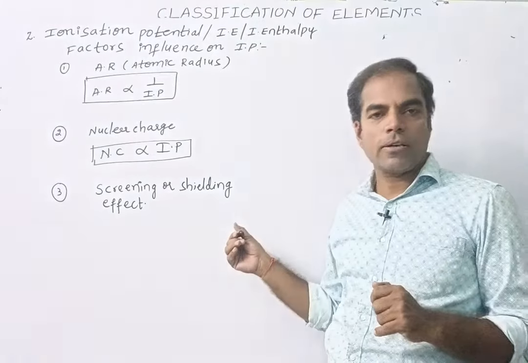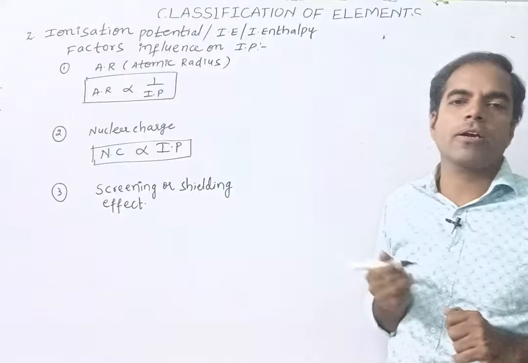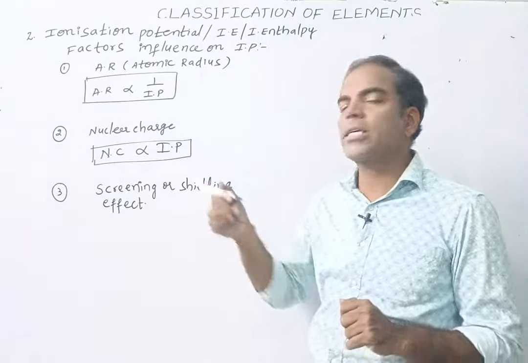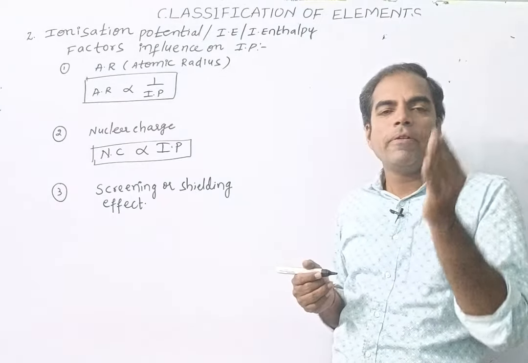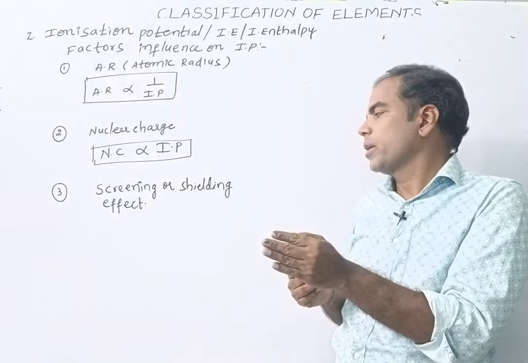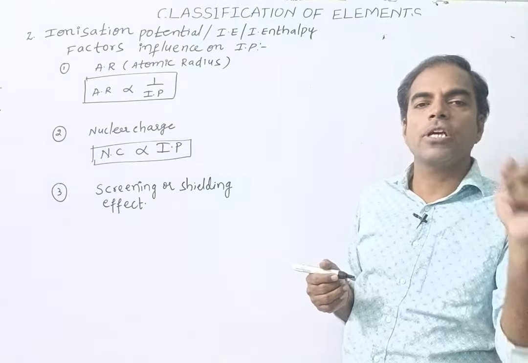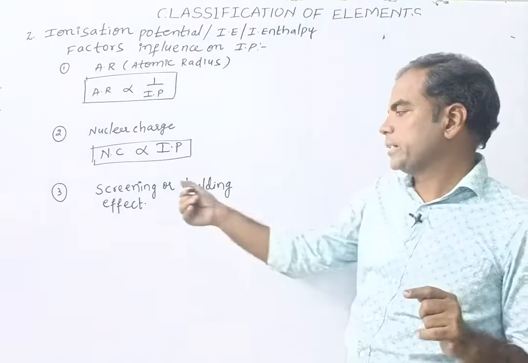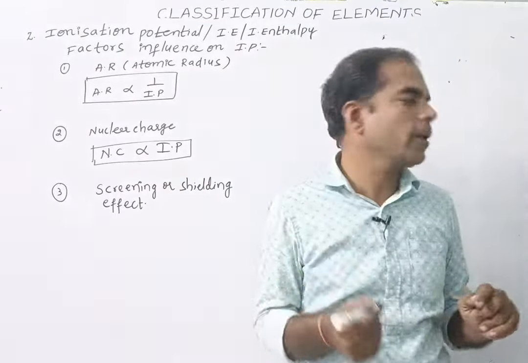The inner shell of electrons prevents the nucleus force of attraction towards the valence shell of electrons. This phenomenon is known as screening or shielding effect. That means the electrons prevent the nucleus force of attraction from reaching the valence shell of electrons. They act as a screen. Hence, it is known as screening effect or shielding effect.